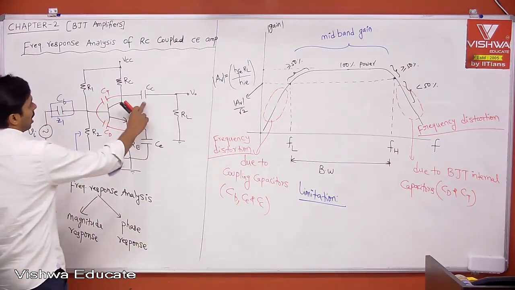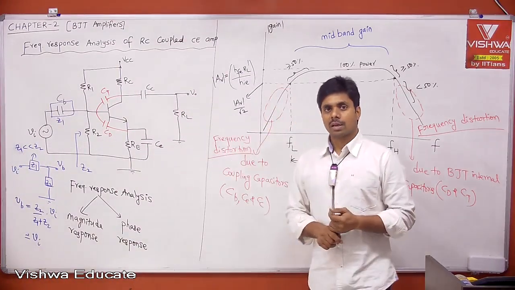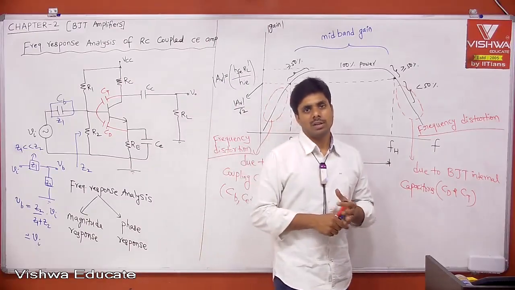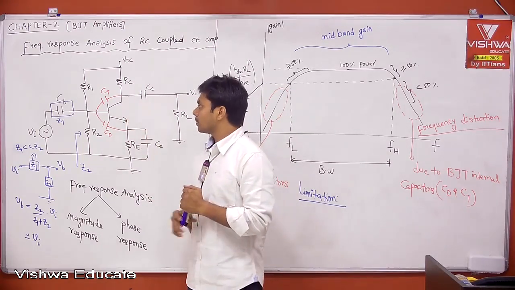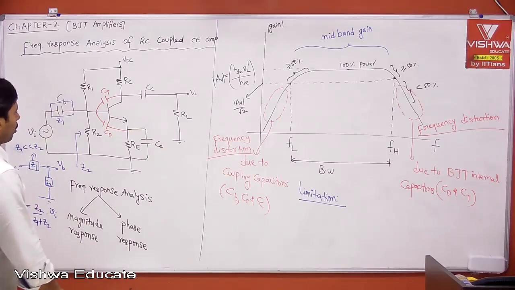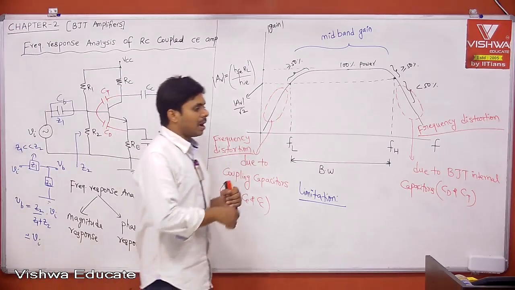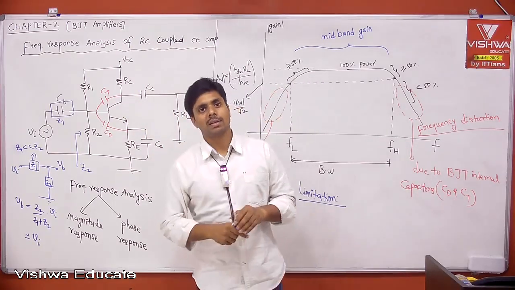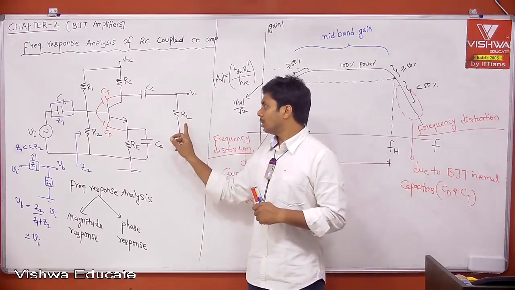Okay, coming to the third one, CC. The coupling capacitor CC blocks the DC voltage from the transistor output and passes only the AC signal to the load.